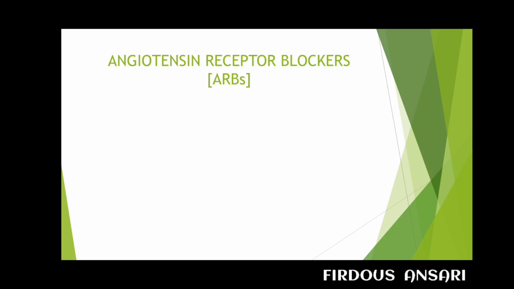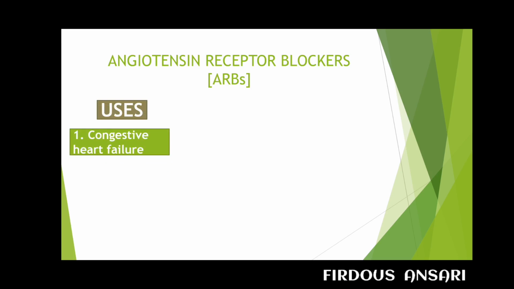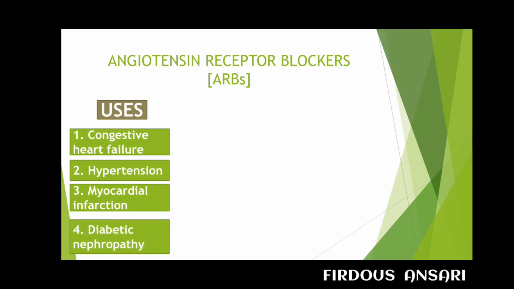The uses are quite the same: they are used in the treatment of congestive heart failure, hypertension, myocardial infarction, and also in diabetic nephropathy. So we can say angiotensin receptor blockers can be used as an alternative to angiotensin converting enzyme inhibitors when those are contraindicated. In that case, we can give angiotensin receptor blockers.